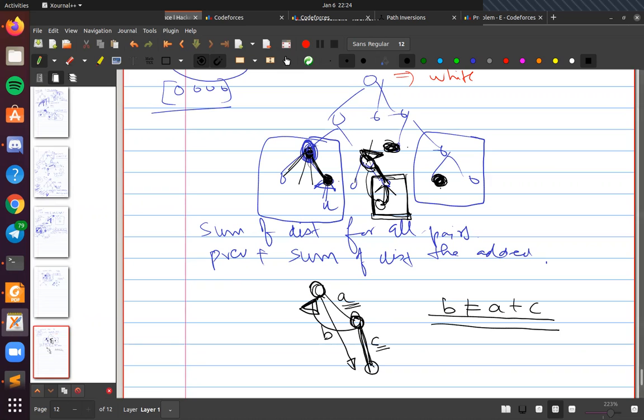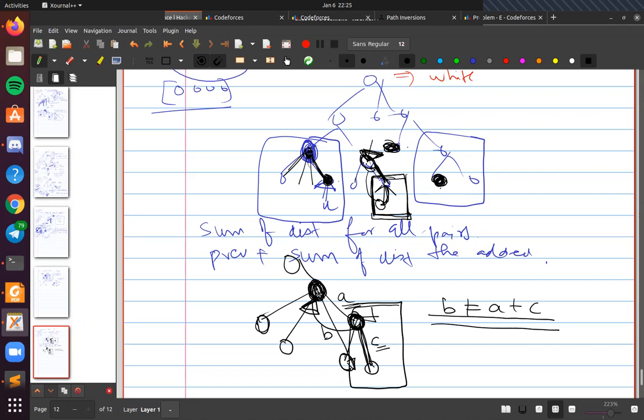Got it? What you want to subtract is the repetitions, and the repetitions will happen only from this tree. So maintain two things. First, the sum of distances of all the nodes from this node, and the second thing is the sum of distances of all the nodes from its parent.